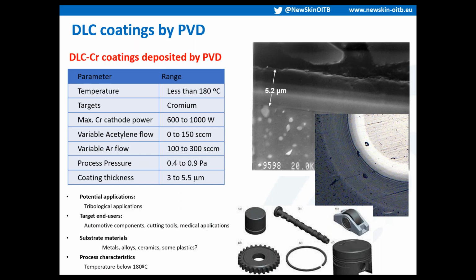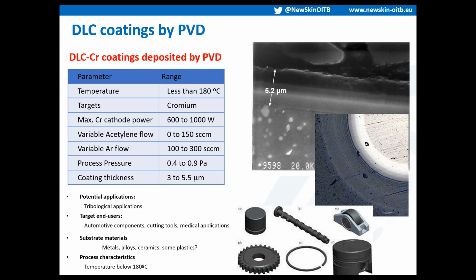In order to obtain a good adhesion, we are going to apply a chromium underlayer, and the potential applications are mainly tribological applications with different target end users like automotive components, for example the inner of the cylinders or the segment of the pistons, cutting tools, and also medical applications, because DLC is a very, very good material for this kind of application.